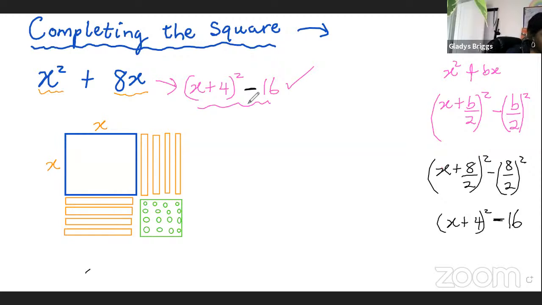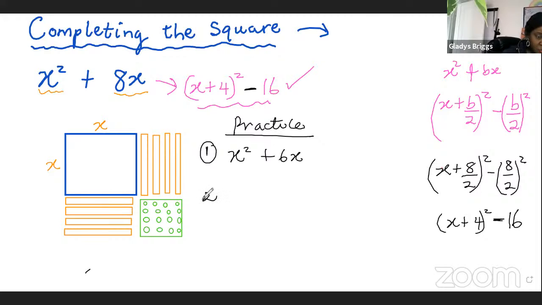So have a go at this one for me. Practice. Now I'm not on my maths, I'm back to Weybridge. Question 1. Complete the squares for this one: x squared plus 6x. Number 2: x squared plus 4x.